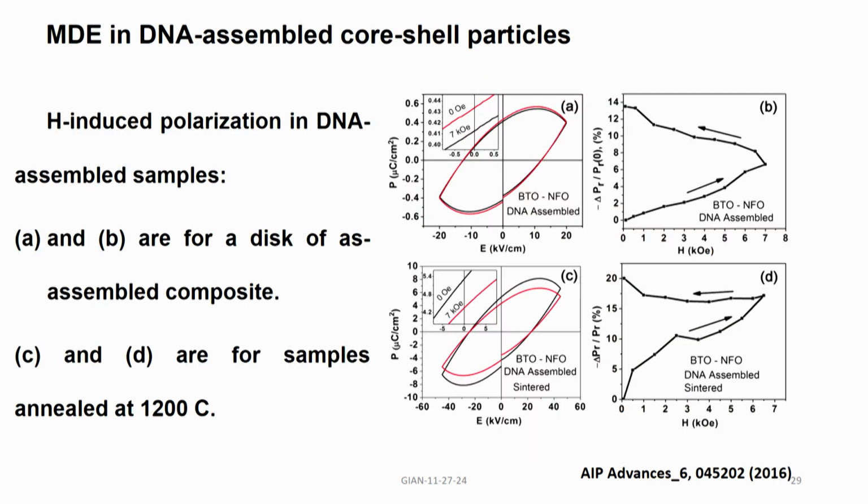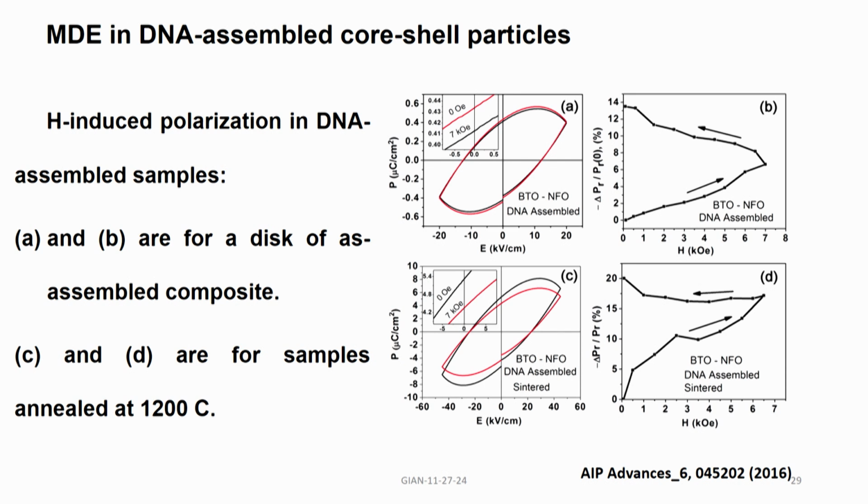Right. So we also made a disk of these core-shell particles and then measured the polarization versus electric field with and without a static magnetic field. So the change in the remnant polarization, the fractional change, is plotted here as a function of H. So there is hysteresis in it.